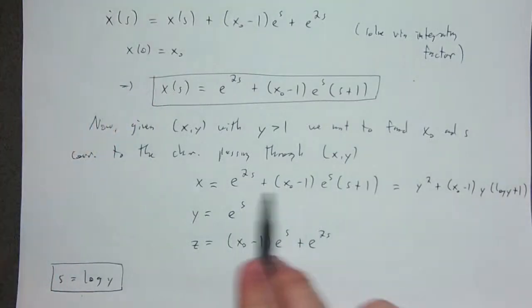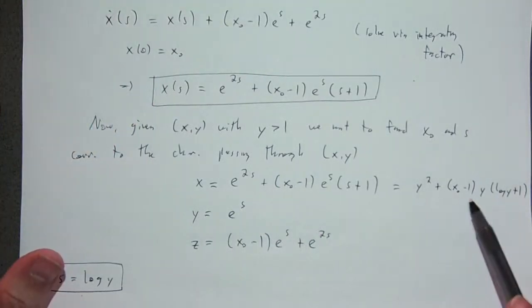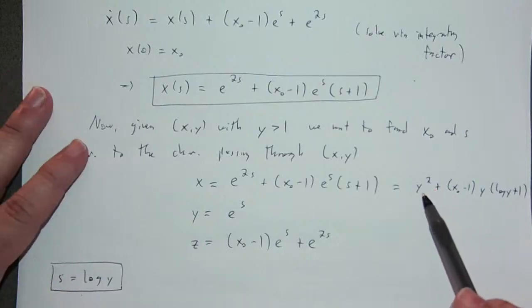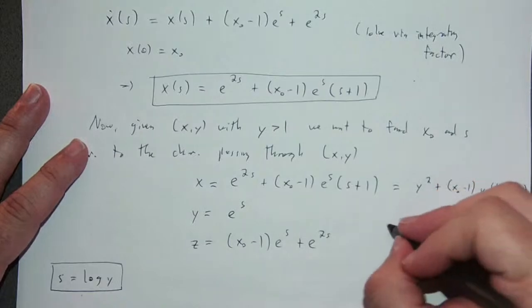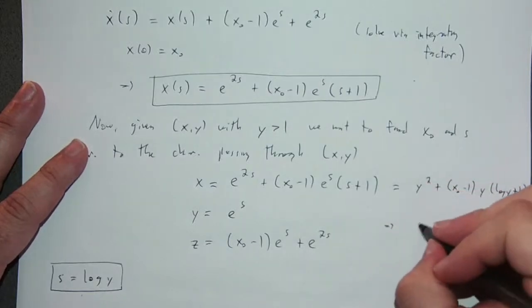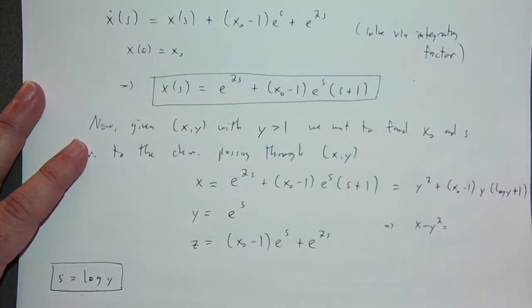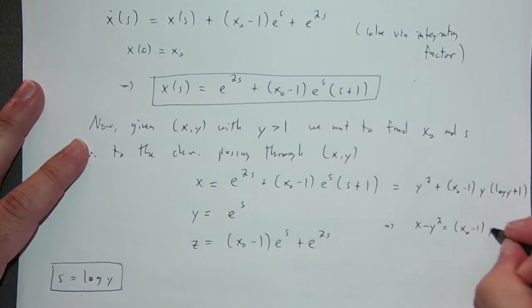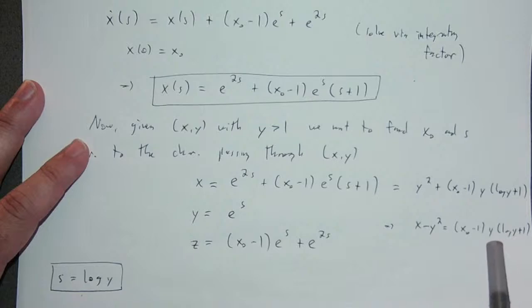So what looked pretty horrible to solve for turns out to be this thing. We're solving for x naught here, so I don't mind. So let's move y squared over, so this then x minus y squared is equal to this whole thing, x naught minus 1 times y log y plus 1. So I divide by y log y plus 1 and add 1.